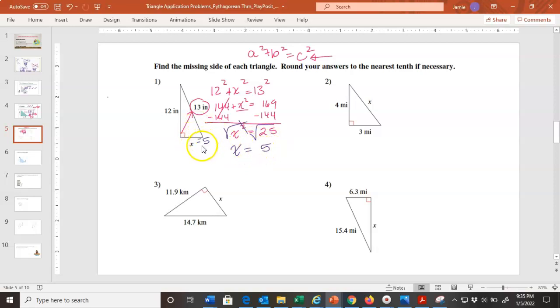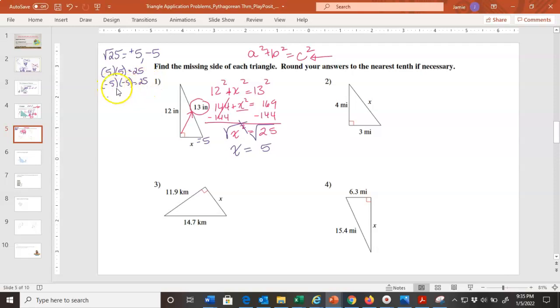Now something I haven't mentioned yet. Remember from algebra, when you take the square root of a number, you actually have two answers, right? You have a positive and a negative. And that's because, look, 5 times 5 is 25, right? There's that square root. But also, negative 5 times negative 5 is 25.